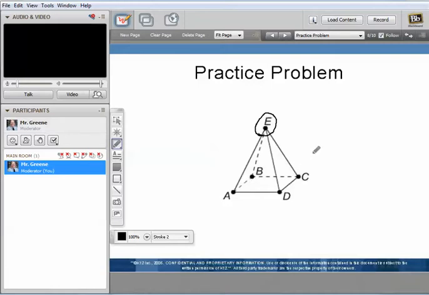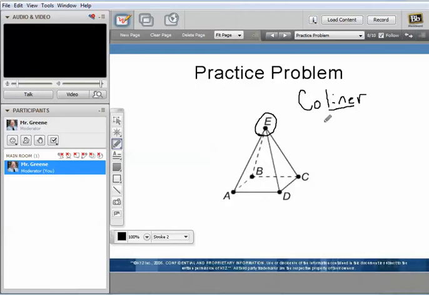Now there's a couple of terms that they talk about at this point. One of them is called collinear. And collinear has the word line in it. See the word line right here? Well, what they're talking about is that any points that are on the same line are collinear. So give me a couple of points that are in the same line.